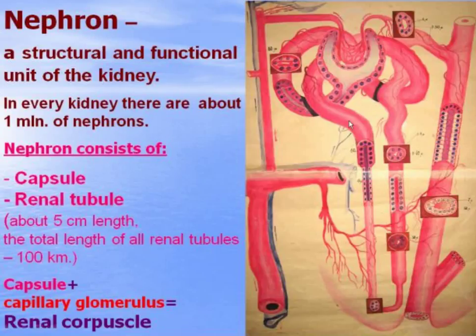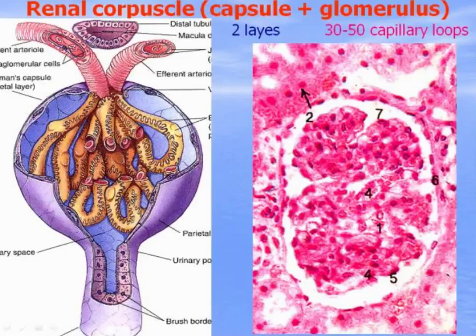The capsule and the capillary glomerulus compose the renal corpuscle or renal body. This picture demonstrates the renal corpuscle in 3D. The capsule has an outer and an inner layer.